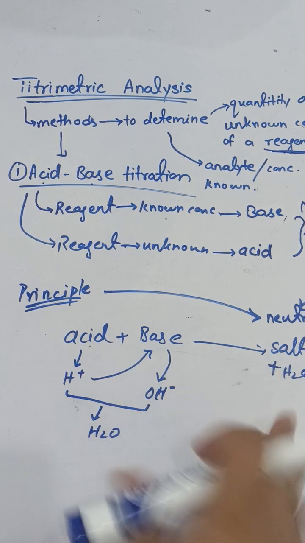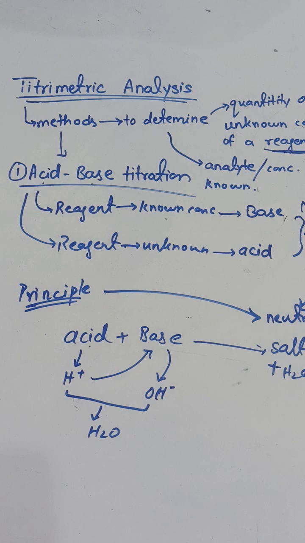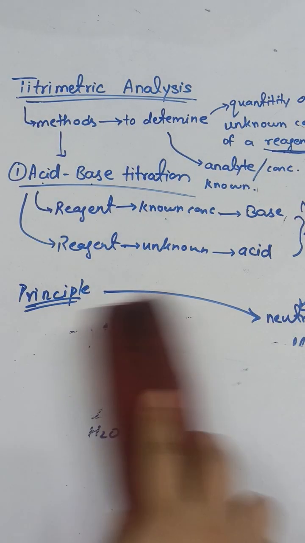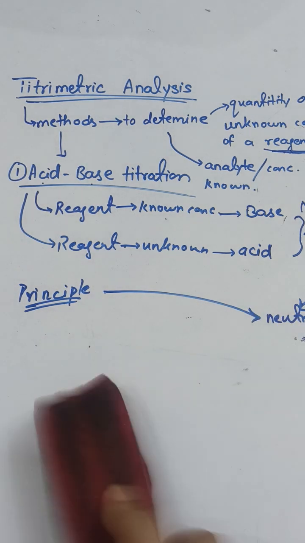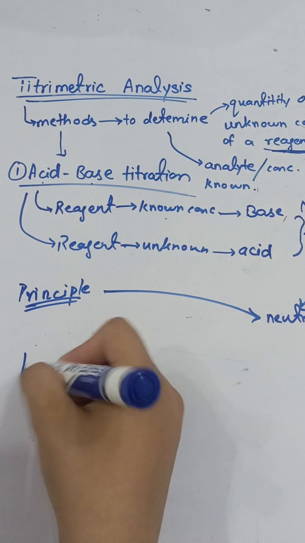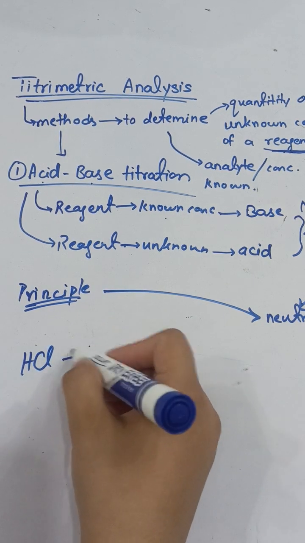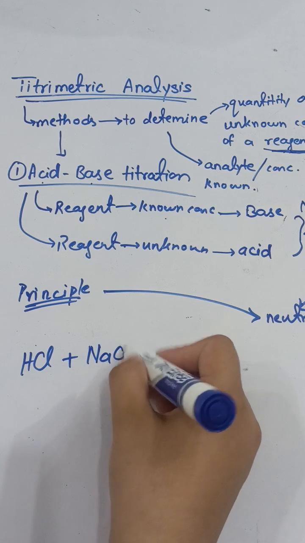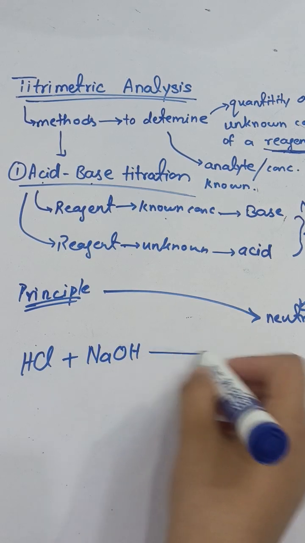Okay, I am going to give you the simplest example by which you can understand this concept easily. You have studied the neutralization reaction before as a basic topic. So this is an acid, HCl, plus I am taking a base, NaOH. What reaction happens?